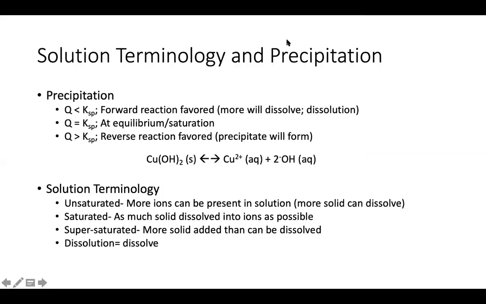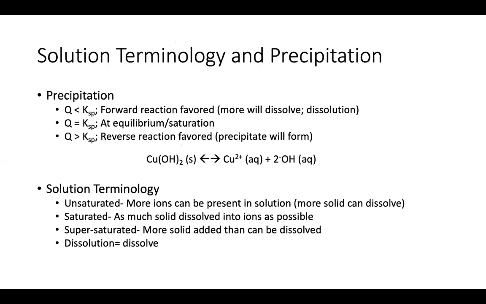Does that make sense? Okay, yeah. Again, it's kind of hard because solubility is almost a lack of seeing solid at the bottom. If something's more soluble, you can just add more until it starts to accumulate at the bottom. Okay, I think this terminology and the precipitation relationships we talk about here might help make that make a little more sense.